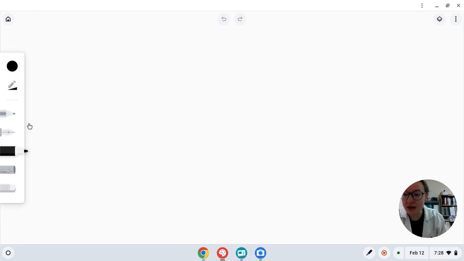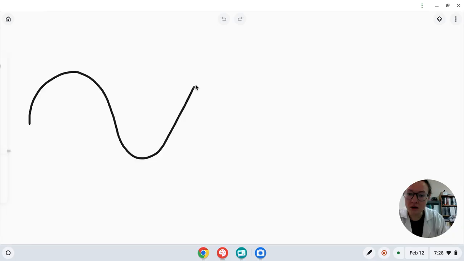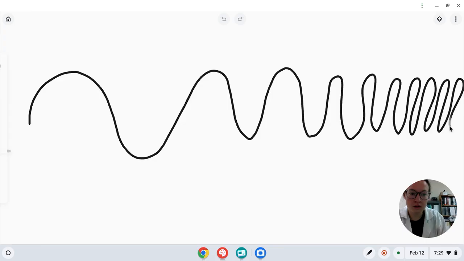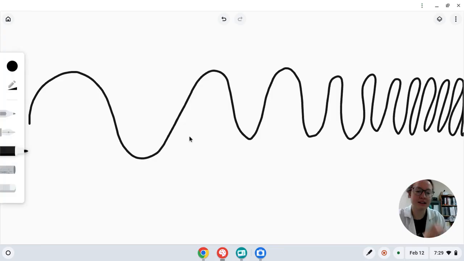And I'm going to draw a wave. Okay, it looks kind of like that. That's not great, but it'll do. When we talk about light in the electromagnetic spectrum, there's not just one type of light.